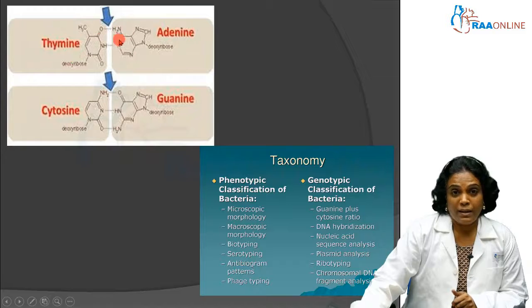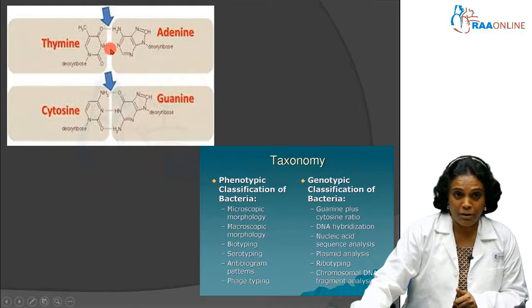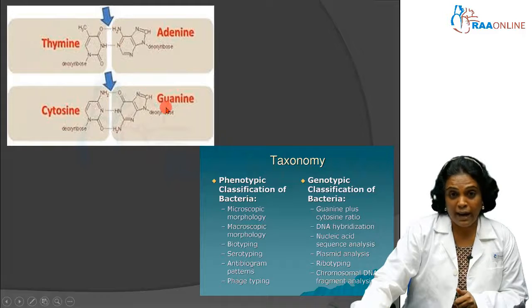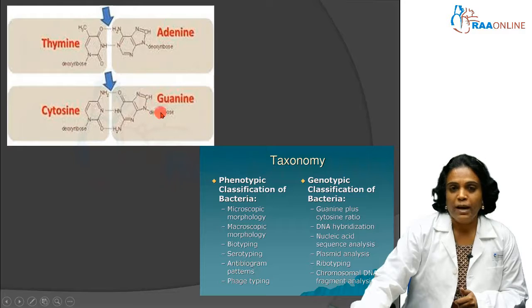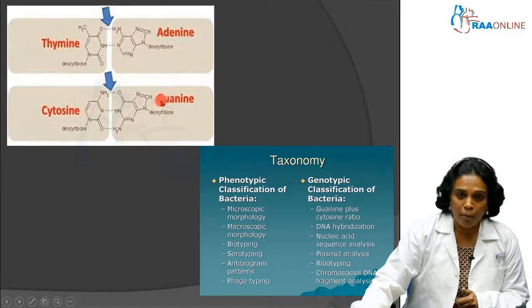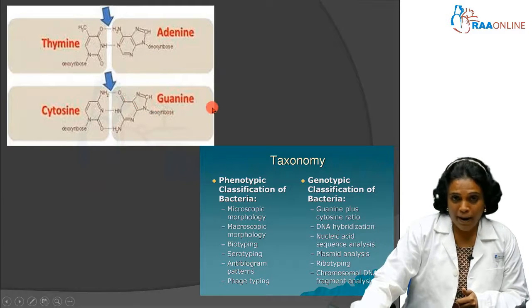Thymine and adenine pair with double hydrogen bonding, whereas cytosine and guanine have triple hydrogen bonding. Also there exists this AT and GC ratio, and this is common between the same bacterial species, whereas it varies with different bacterial species. And this determines the phenotypic and genotypic characteristics of the bacteria.